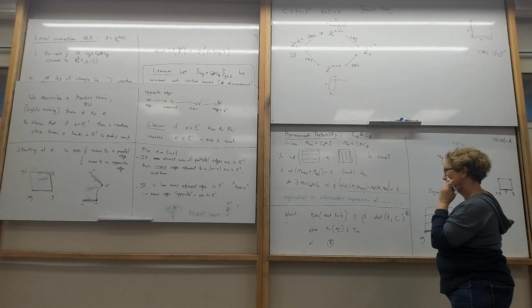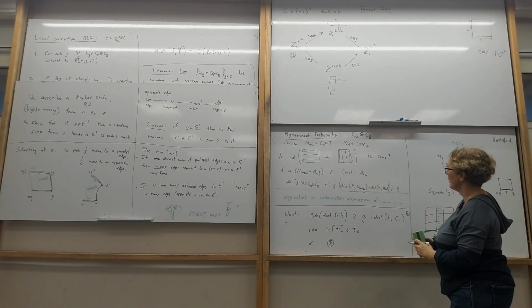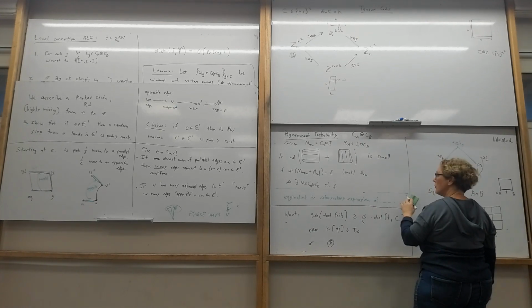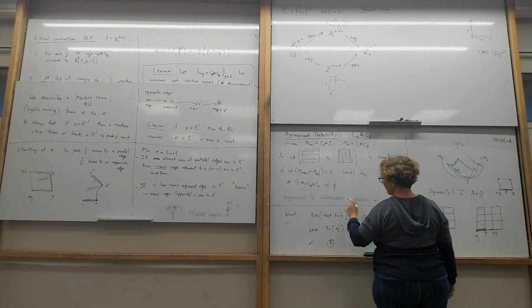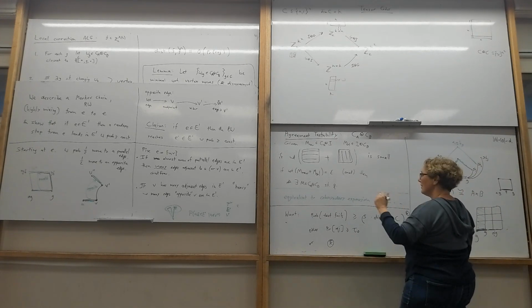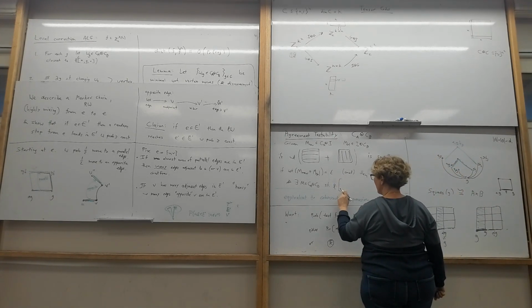And is M allowed to be the zero code word? Actually, let me be absolutely precise here. M is allowed to be the zero vector. The zero matrix is a matrix in the tensor code. That's fine. But actually, let me be even more precise. I'm not going to measure the distance.